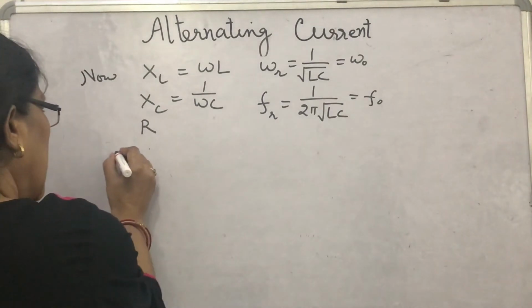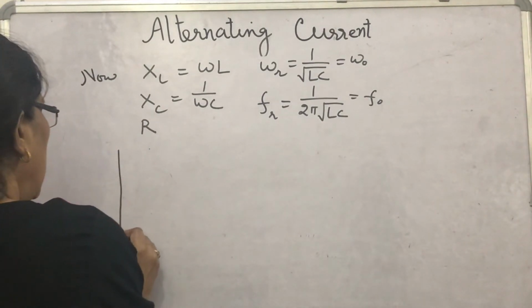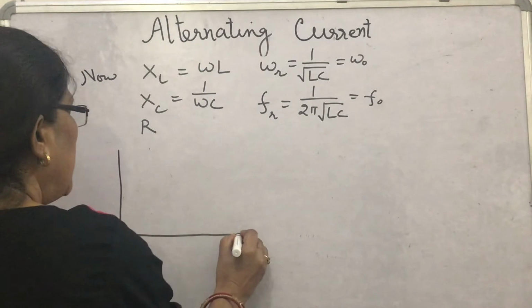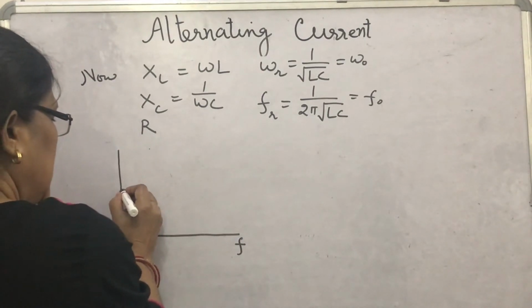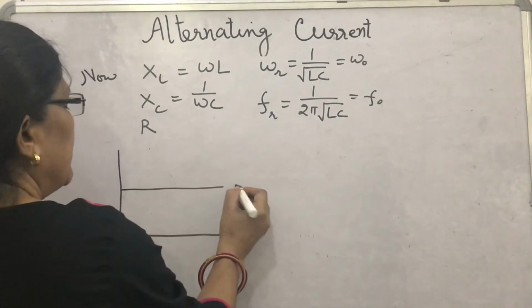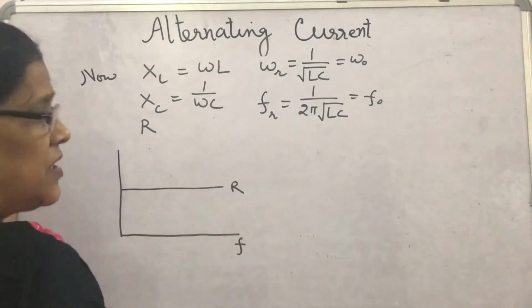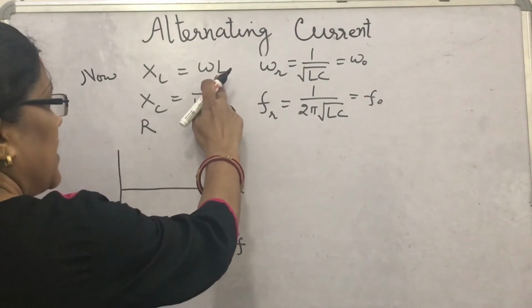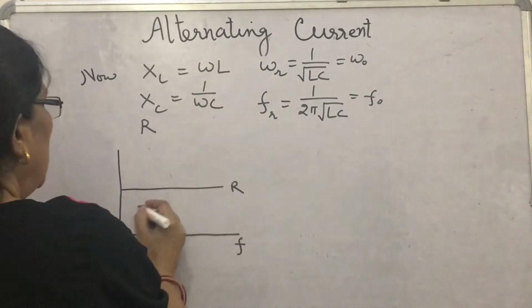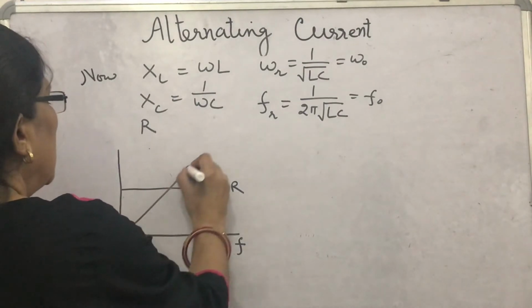If we plot the graph with frequency on the x axis, R does not depend on frequency, so we will draw this graph for R. XL is omega L, where omega is 2 pi f, so this will be the graph for XL.